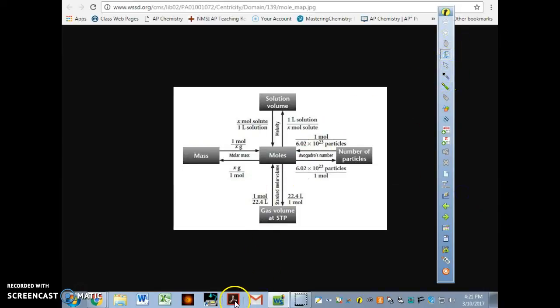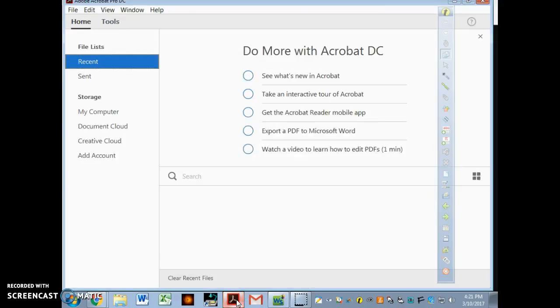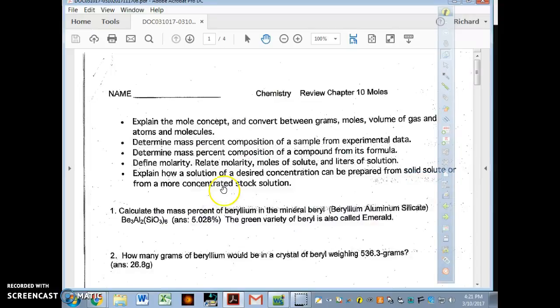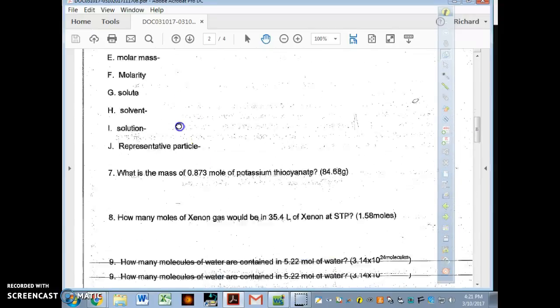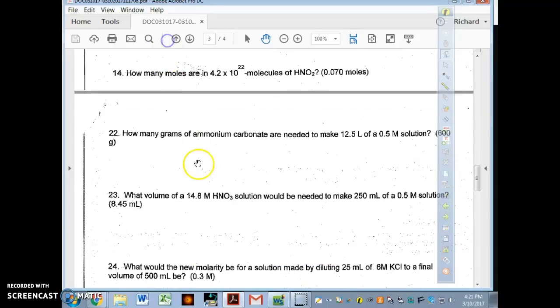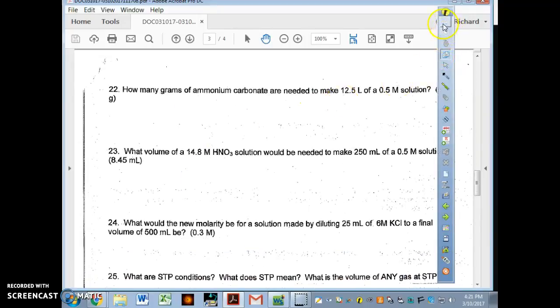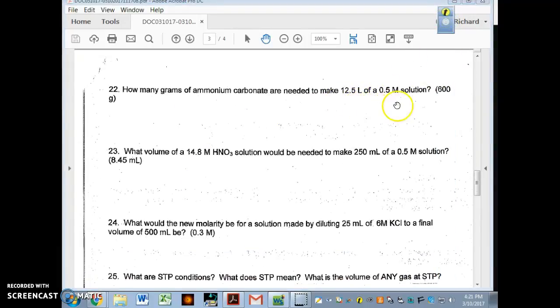So back to the problem. Looks like we lost it. And let's see, there we go. So how many grams of ammonium carbonate are needed to make 12.5 liters of a 0.5 molar solution? How many grams of ammonium carbonate?